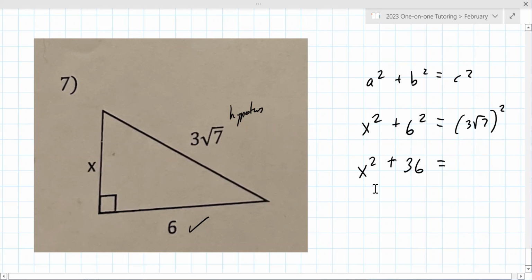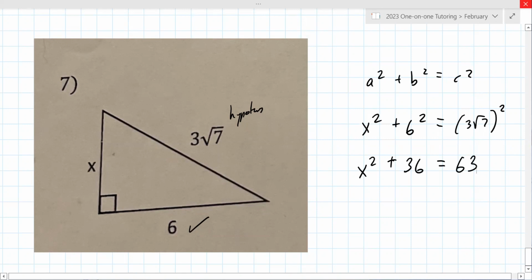X squared plus 36 equals 9 times 7, which is 63. So go ahead and subtract the 36.